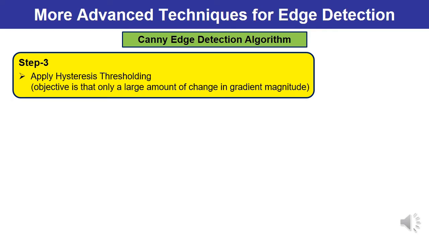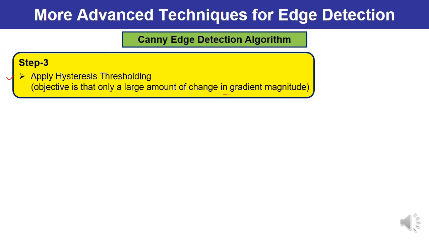Step number 3 is where you have to apply hysteresis thresholding. What do you mean by hysteresis thresholding? It means only a large change in gradient magnitude is important for us in edge detection, while small changes are not going to affect the quality of the edge detection.